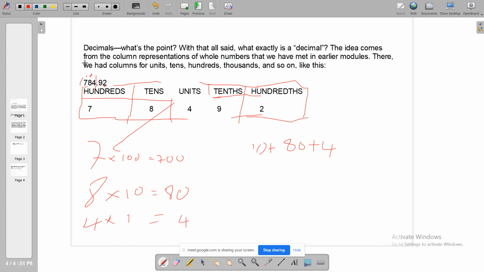Okay, so now you can see here, if I want to write this one alone without the whole number, this is 0 point 7, this number that you see here, 784, plus 0.92, the same thing.